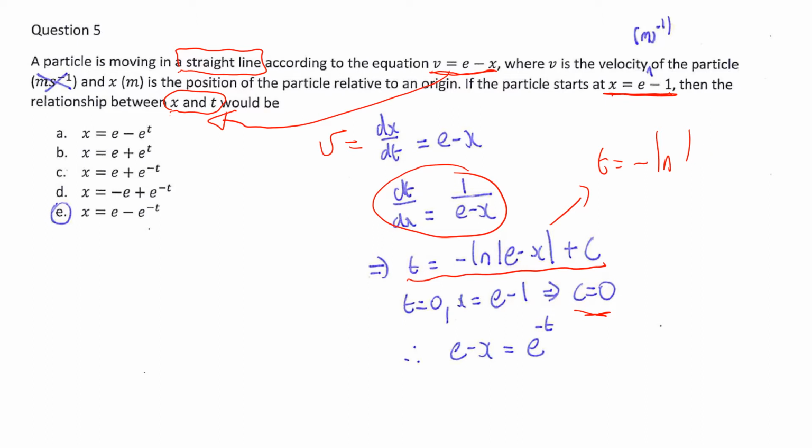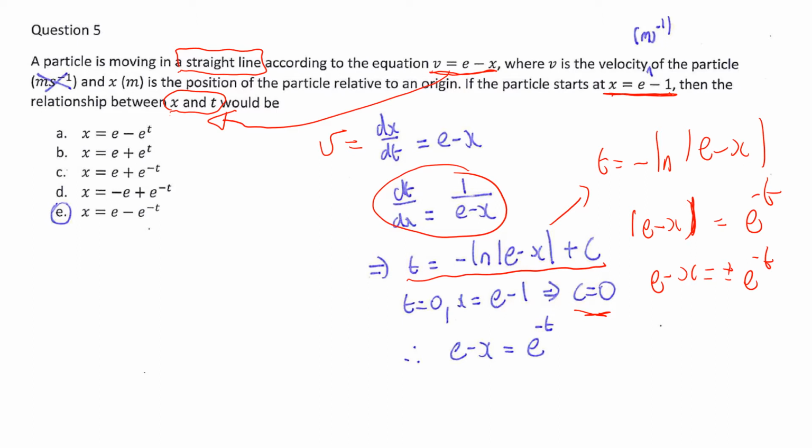Back to my x, so we make the modulus of e minus x the subject. You've got e to the minus t, and then of course you've got your two options: the plus or the minus of e to the minus t.